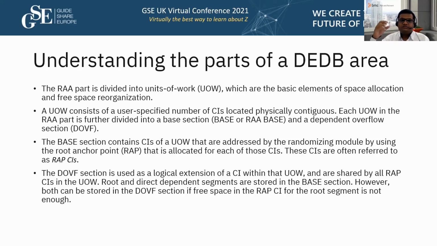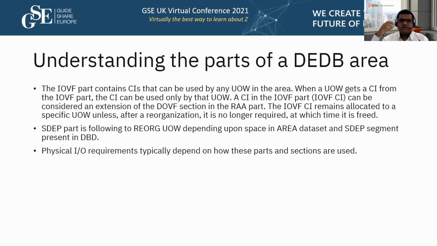This UOW is further divided into the base section, which consists of the RAA part, and an overflow part, which are the CIs dedicatedly allocated to a certain UOW. All these CIs in RAA and DOVF are continuously allocated in the storage. But the IOVF CIs are not continuously allocated.